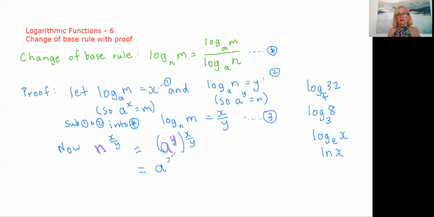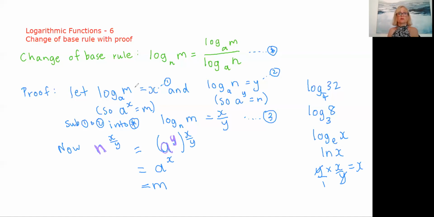So this is a to the x. Let me just do a bit of working down here. So y times x on y, there's really a 1 there. The y's cancel and you're just left with x. But a to the x is m. All right, we know that because that's how we defined our x to start with.